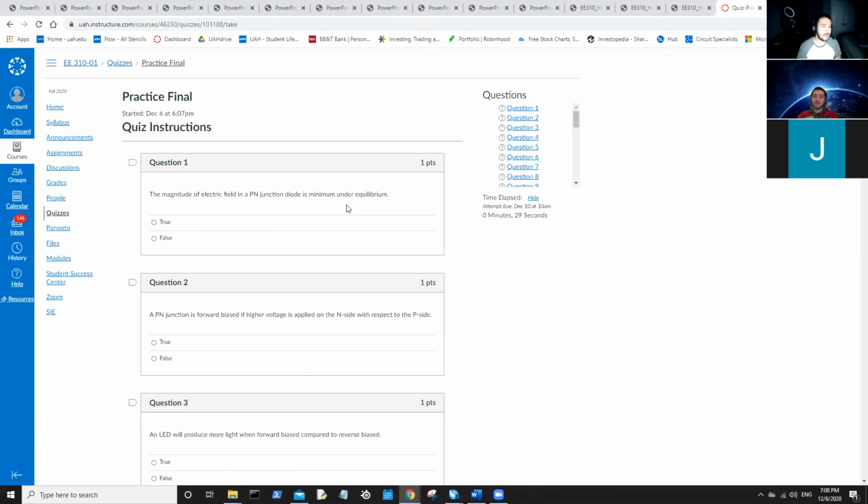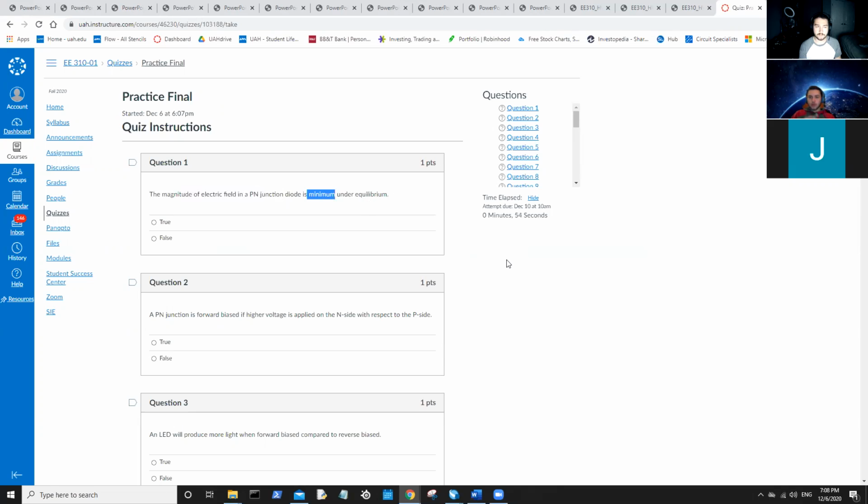All right, the max electric field that a PN junction diode can experience is when it's under reverse bias. That's when it's dissipating the most energy because very little current's coming through. So the magnitude of the electric field in a PN junction diode is minimum under equilibrium. If there's no applied voltage, the magnitude of the electric field is small.